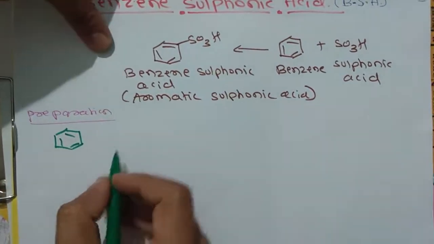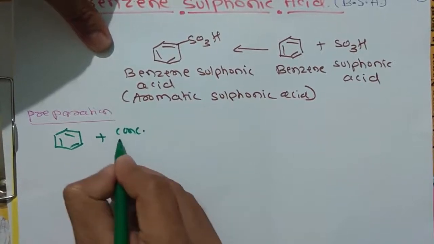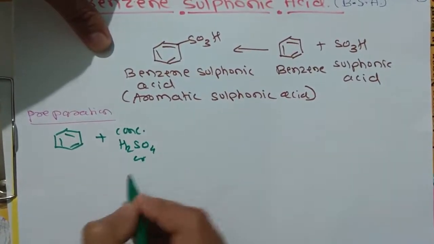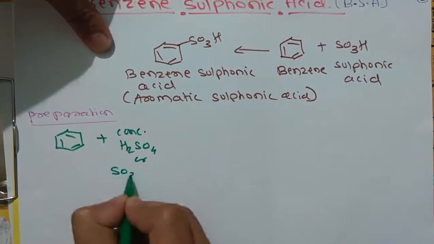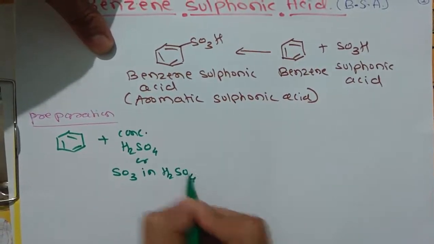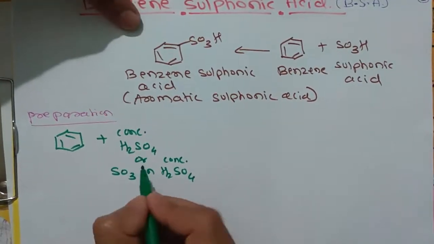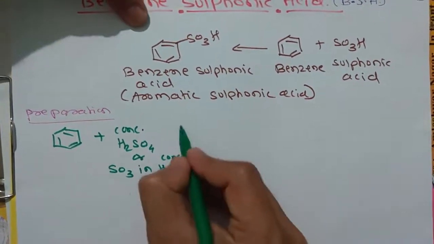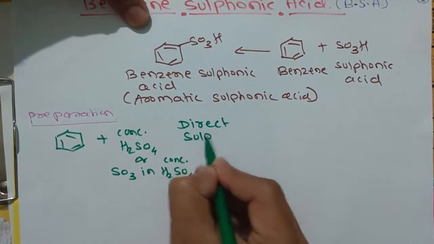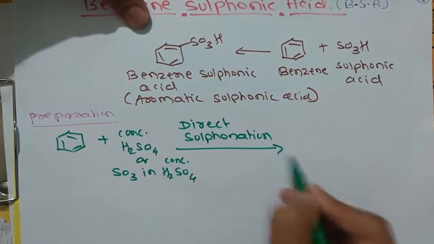The benzene is reacted with concentrated H2SO4, or it is also reacted with SO3 in H2SO4. Which H2SO4? Concentrated H2SO4. It is called direct sulfonation.